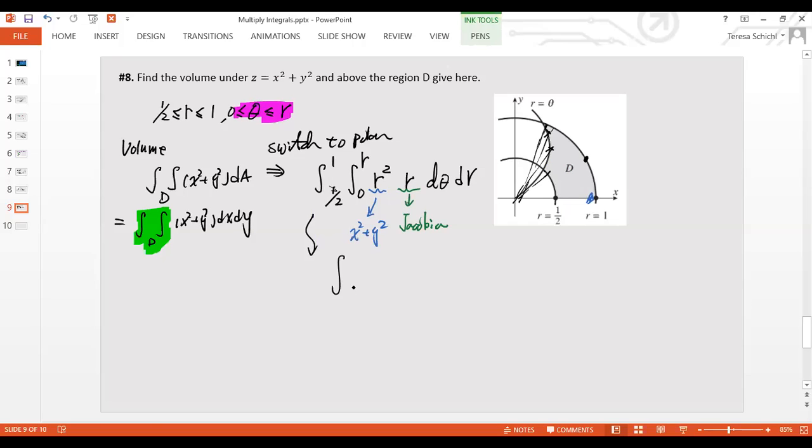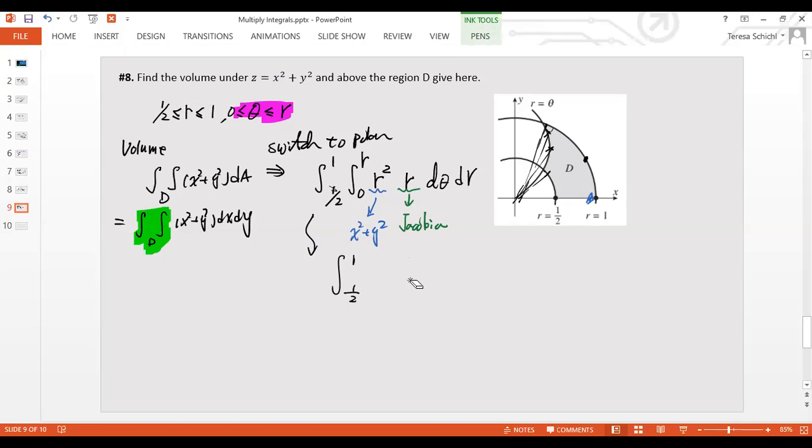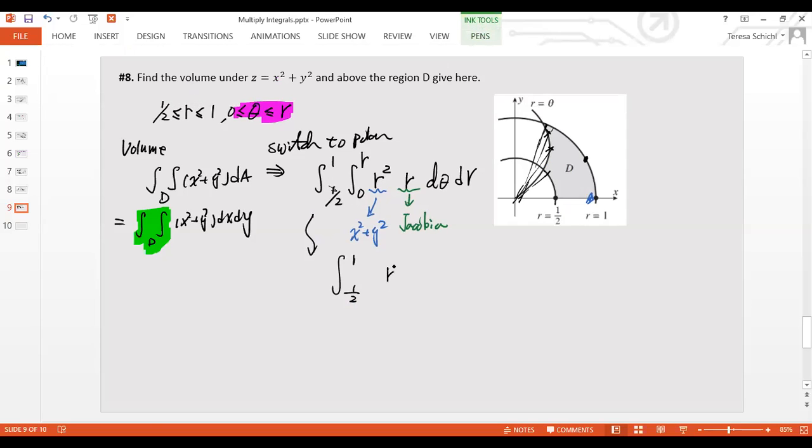Okay, so now this is 1/2 to 1. And then here the r cubed you integrate with what? 4r to the what? 4th. Oh, I'm sorry, we are integrating theta first. So here we have an r cubed. With d theta, there's no theta in the integrand, so the integral will be theta, right?